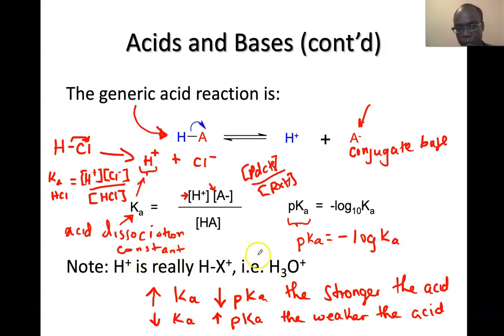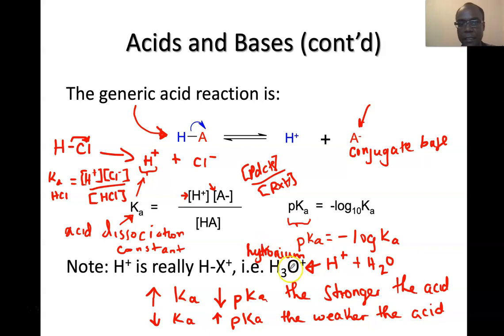Now I want you to be careful. We usually don't just simply use H plus in reactions, because we know that H plus is going to combine with water. As it combines with water, it's going to give you H3O plus, what we call hydronium. Please note this term, hydronium, because I'll be using it a lot.